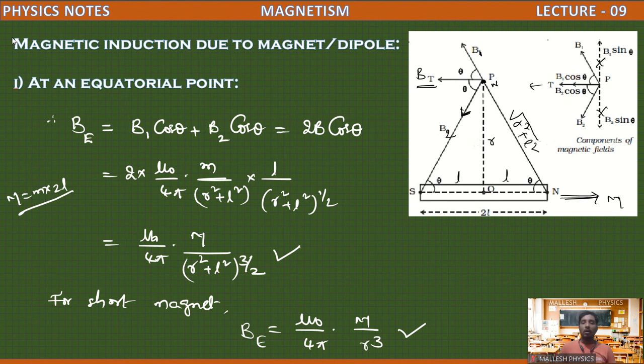So at any point on the equatorial line, the net magnetic field is opposite to the direction of magnetic moment. So here the net B and the magnetic moment are opposite to each other.